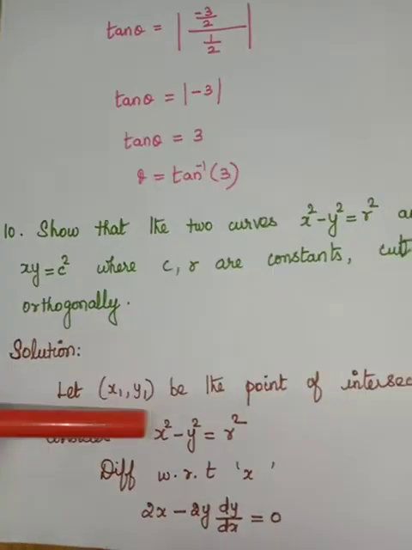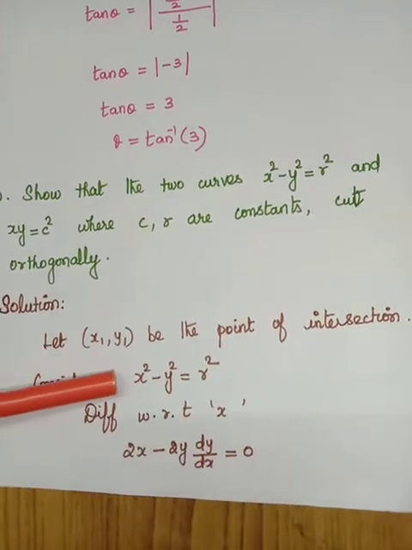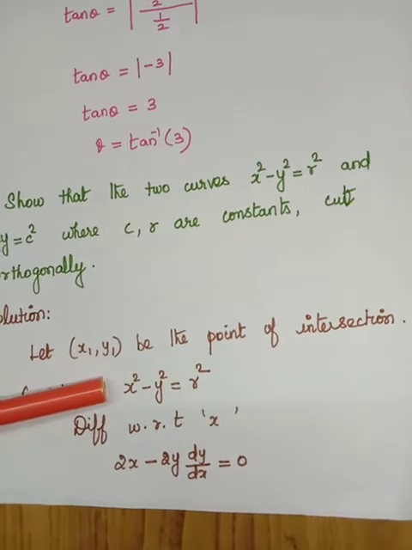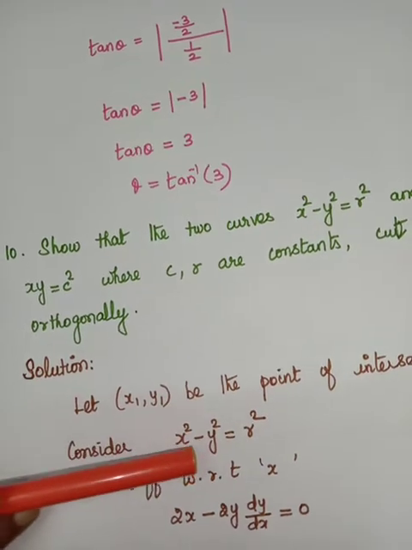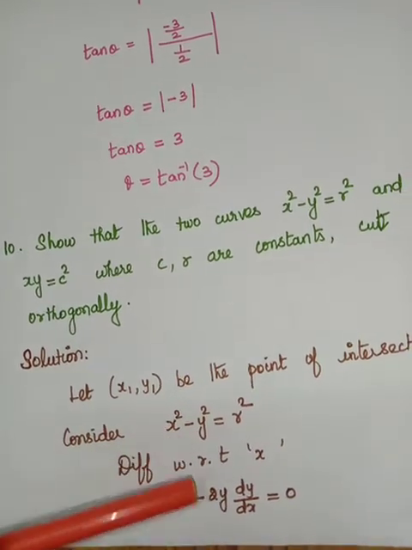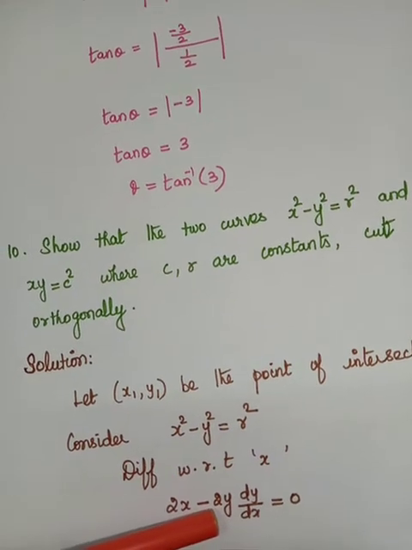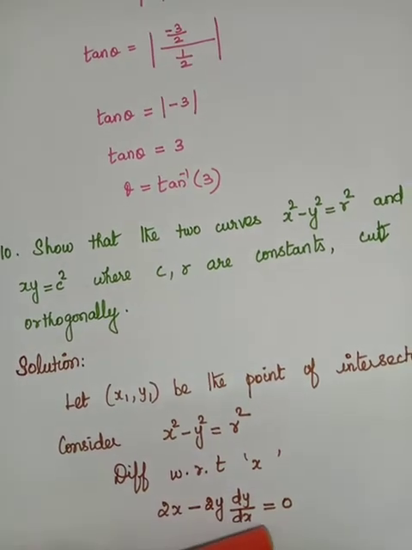Okay, consider the first curve and you have to differentiate. See the differentiation, x squared. The differentiation of x squared is 2x and minus y squared has to be differentiated with respect to x. So first you have to apply the power rule. So it is 2y. You are differentiating with respect to x. So it is dy by dx is equal to 0.